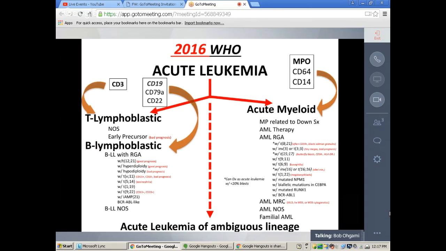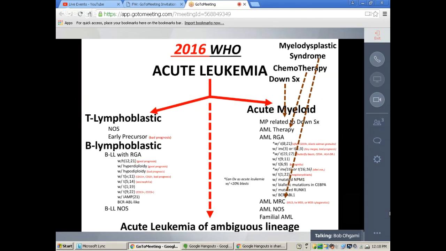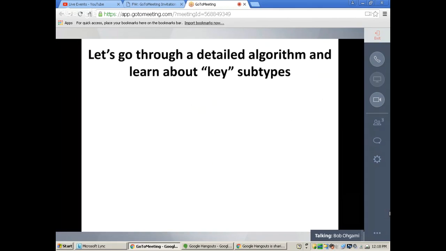Do they have CD3, CD19, and other markers, or MPO, or other myeloid markers in combination? That can take you into these different categories here: either T or B or myeloid lineage, or neither. Then you evaluate the clinical history of the patient to help you subtype, and also cytogenetics.